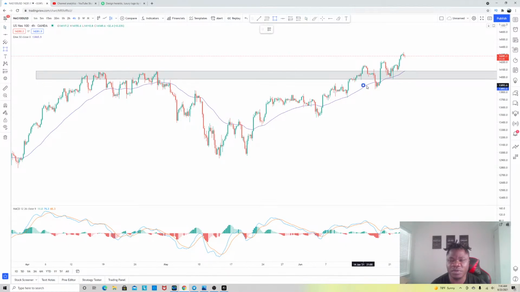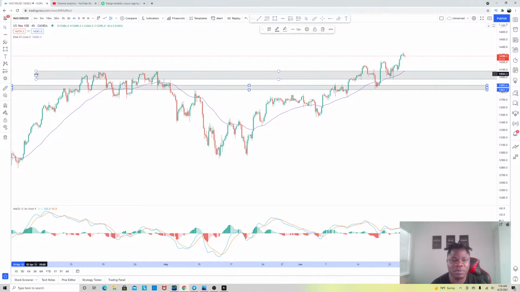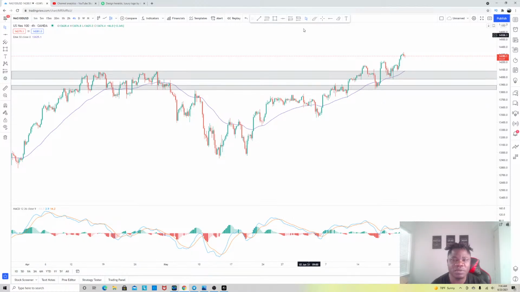For those of you that trade NAS 100, I trade NAS 100 as well, but we've not been trading it during this challenge.